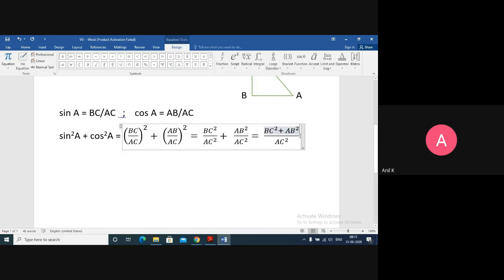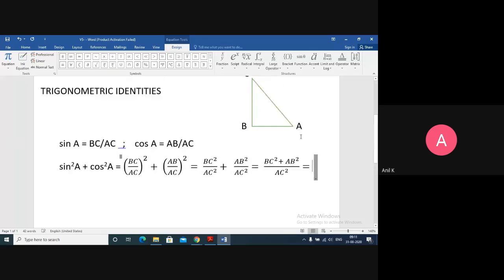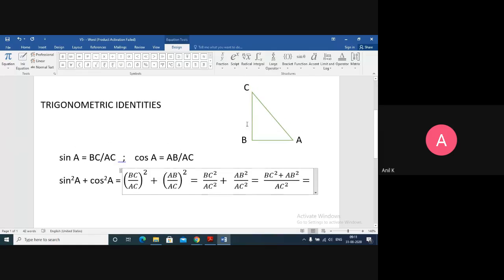Now after writing this, look at the triangle: BC square, that is perpendicular square, plus AB square. If I talk about the numerator, BC square plus AB square, according to the Pythagoras theorem, it will become AC square only. So the numerator is AC square, and the denominator is also AC square.